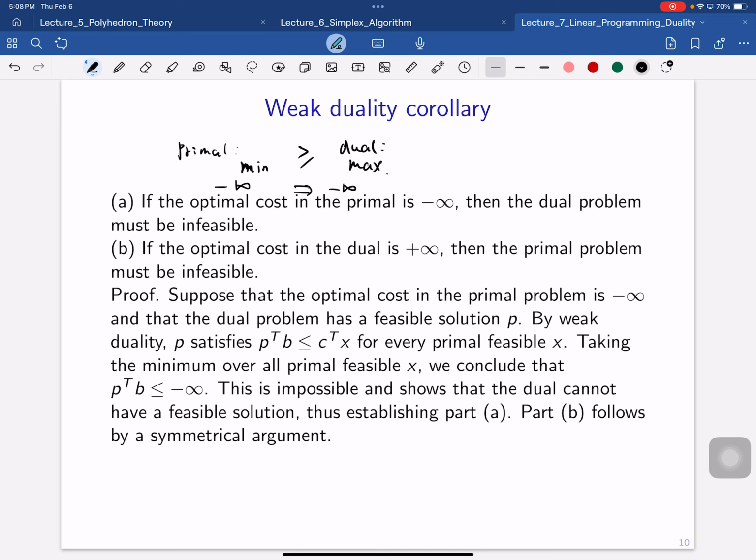You have a maximization problem, and I'm telling you the objective value is minus infinity. That means the maximization problem must be infeasible. If there exists a feasible solution in that maximization problem, then the objective must not be minus infinity. It will give you either plus infinity or a finite objective value. And the same thing you can do: if the optimal cost in the dual is plus infinity, then the primal problem must be infeasible. This follows the same logic.